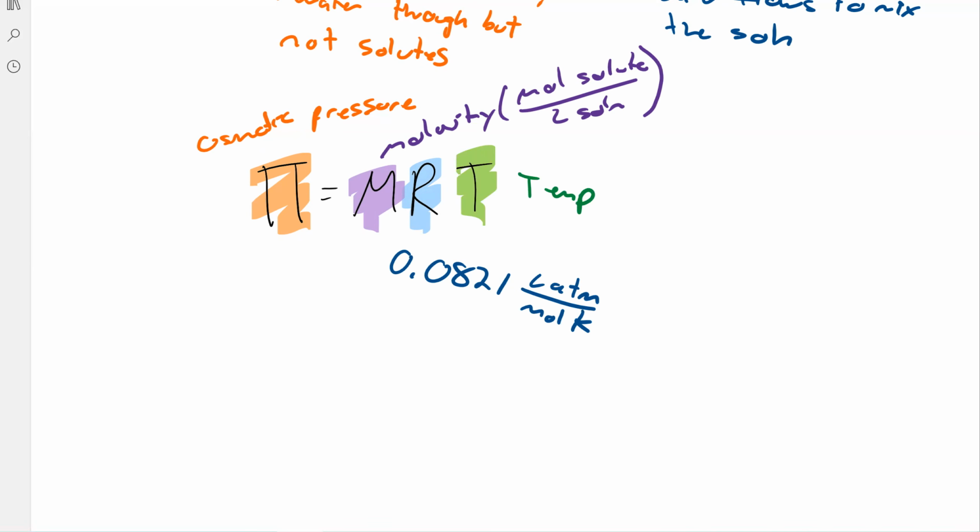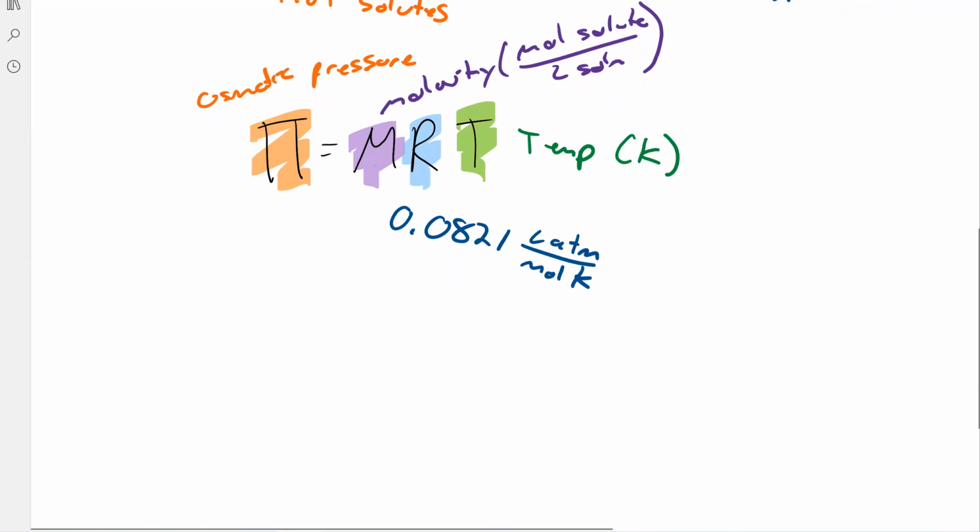And since our R is in Kelvin, this temperature must also be in Kelvin. If you think about the units, the moles and the liters in molarity will cancel out with the moles and liters in our R, and then our K will also cancel out, and we'll be left with atmospheres, which is a unit of pressure, so that makes sense. Again, these are plug and chug problems. See your textbook for some examples.